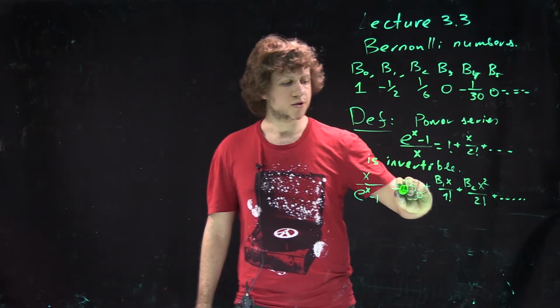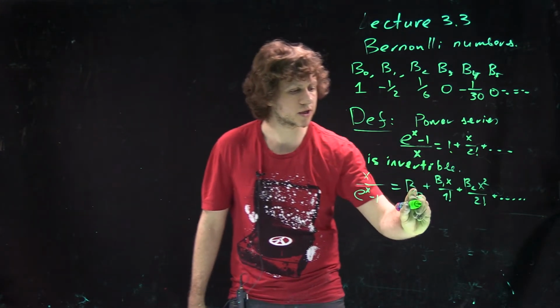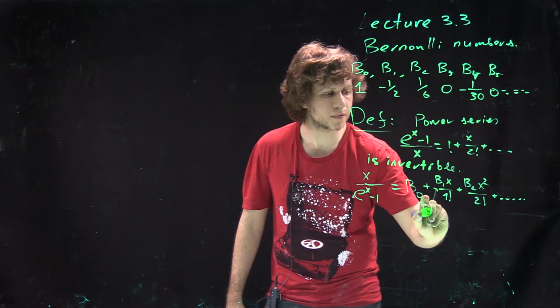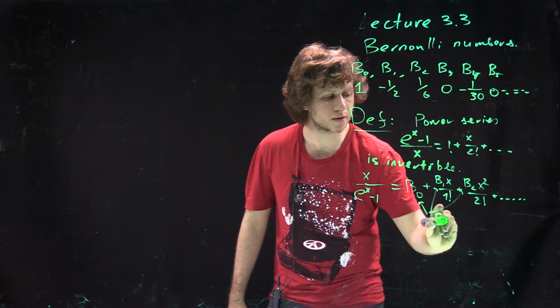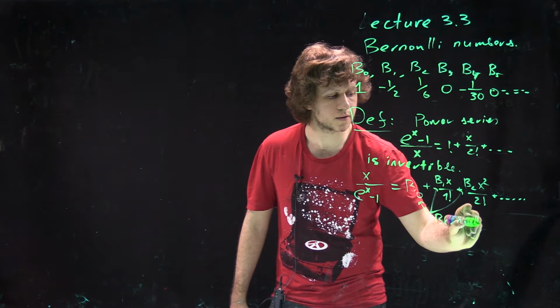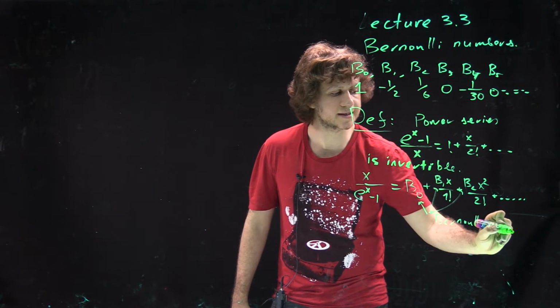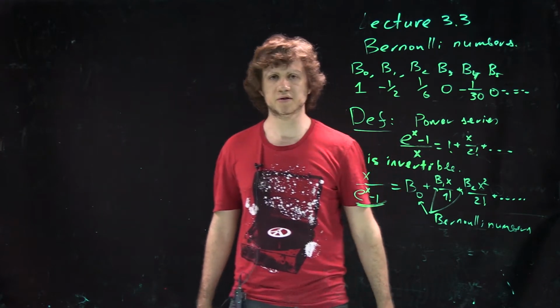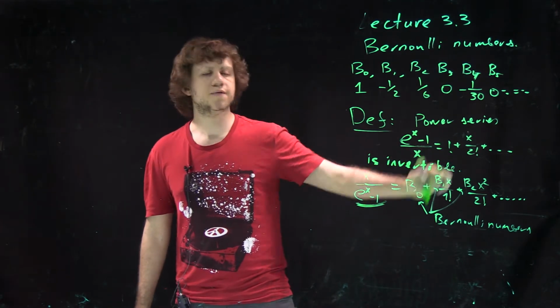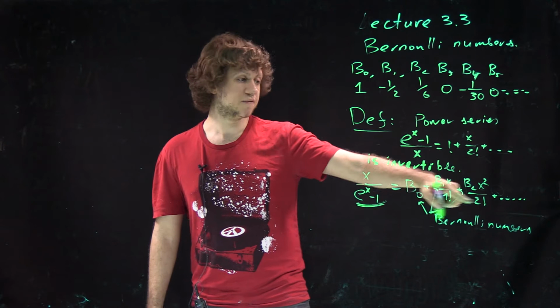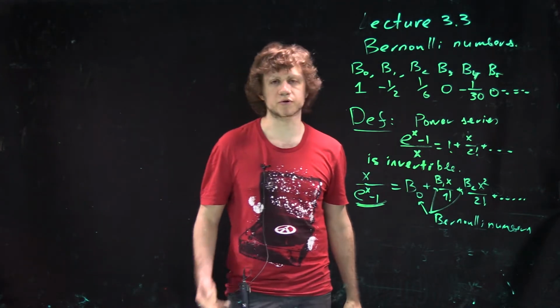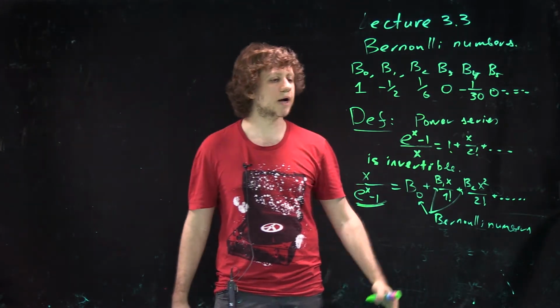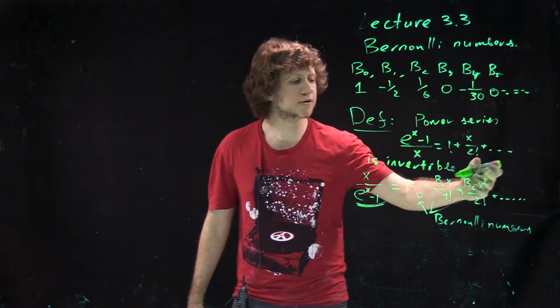So these are Bernoulli numbers. Basically, the idea is that you take a beautiful power series with this explicit formula, and its coefficients times factorials are called Bernoulli numbers.